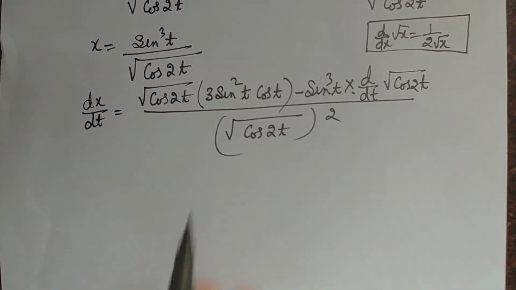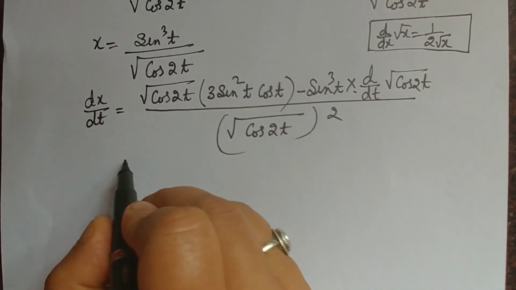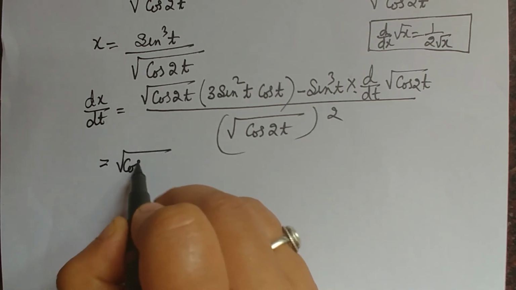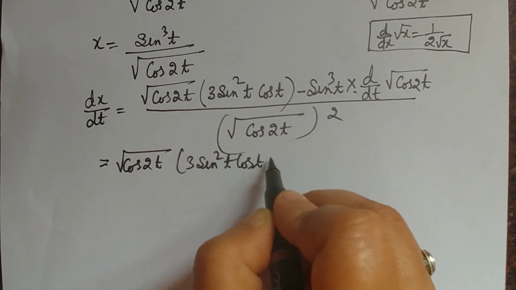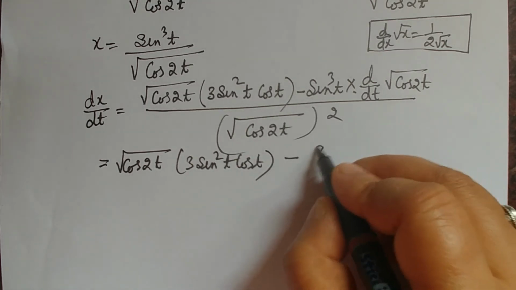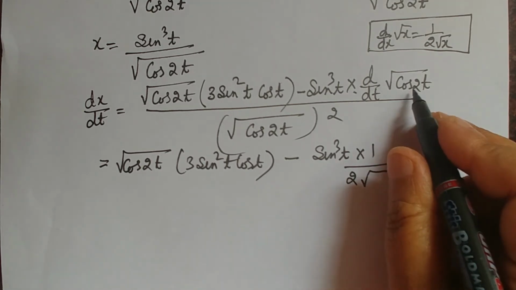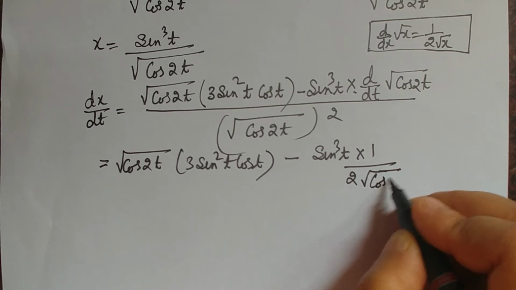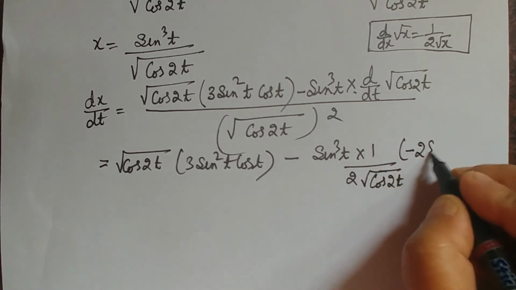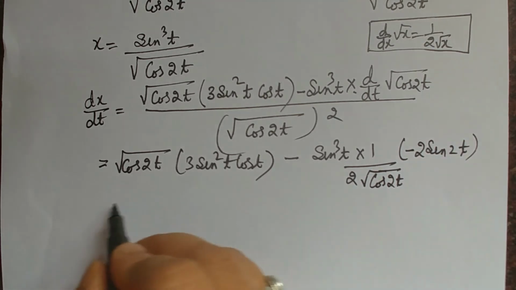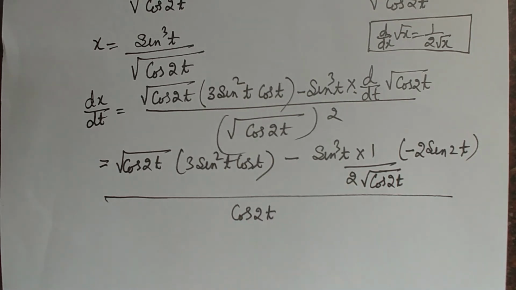As the calculation will be larger, we will apply the direct concepts. So it will be root cos 2t times 3 sin square t cos t, minus sin cube t into 1 upon 2, treat it as root x, cos 2t, into the derivative of cos 2t, which is minus 2 sin 2t, divided by cos 2t after operating with the whole square.